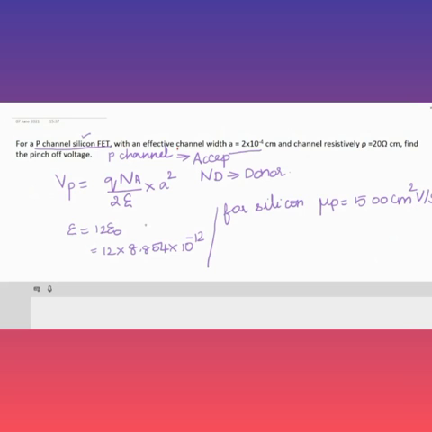Now I'm going to substitute all this. To find my QNA, the formula is 1 by rho into mu p. So 1 by rho value, which is already given in the question, that is 20. And my mu p value is given, it is nothing but 500. So when I solve this, I'm going to get 1 into 10 to the power minus 4.